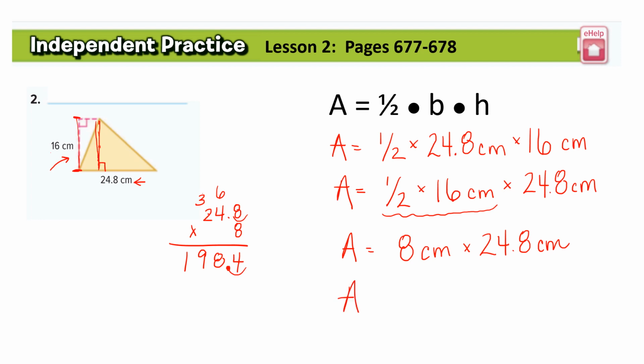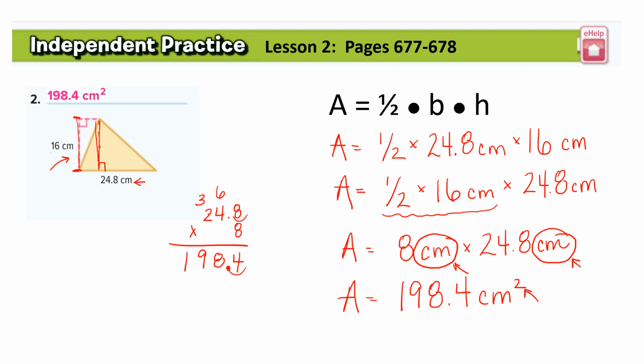So the area equals 198 and 4/10 centimeters squared. And see, I have the base's measurement and the height's measurement. There are 2 dimensions, base and height, so I wrote a 2. 198.4 centimeters squared.